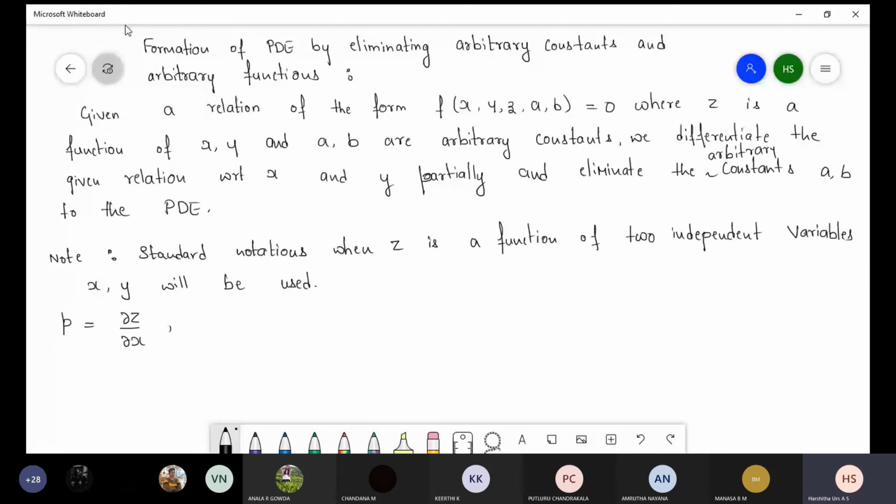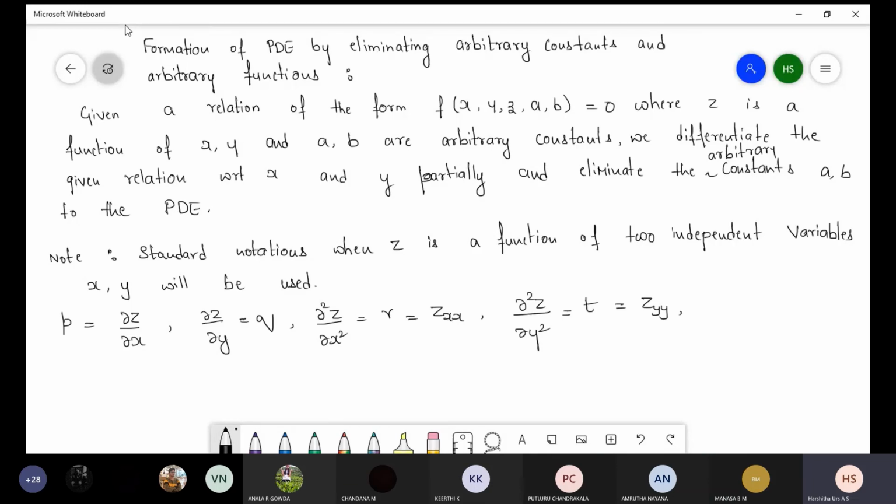When it comes ∂z/∂x, we will write p. When it comes ∂z/∂y, we write q. When ∂²z/∂x², we write r. This is nothing but double time differentiation of z with respect to x. Next, ∂²z/∂y², for this it is a little change, we will move to t. That is double time partial differentiation of z with respect to y.